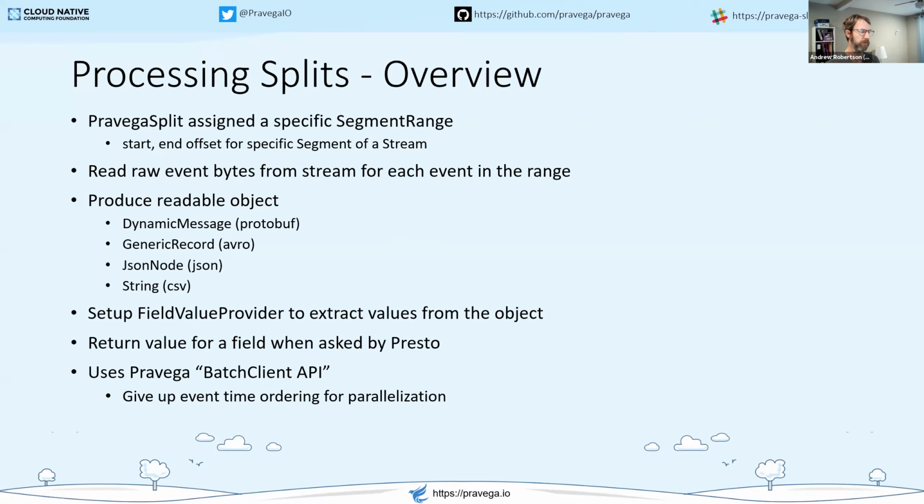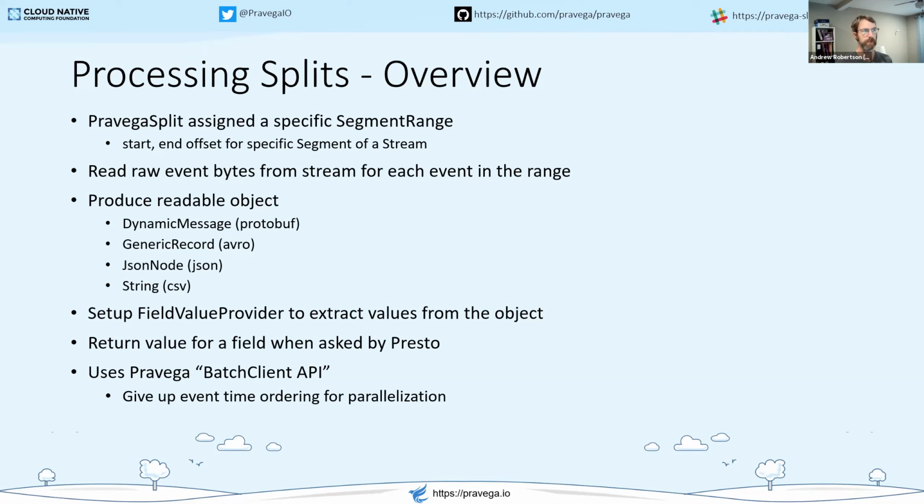Derek talked about how Pravega has a lot of ordering and time guarantees when you read it. Well, using the batch client API, we can read the segments just as events, as raw byte buffers. So we give up all the time ordering and those ordering guarantees for the ability to query things in parallel.